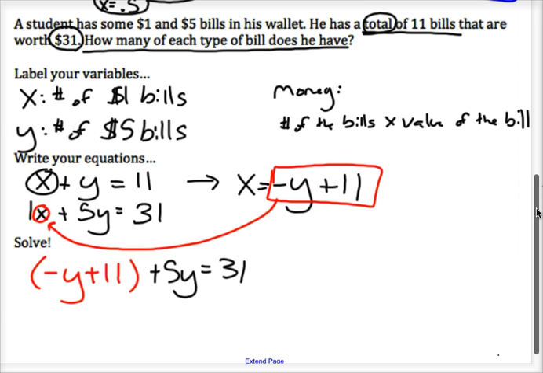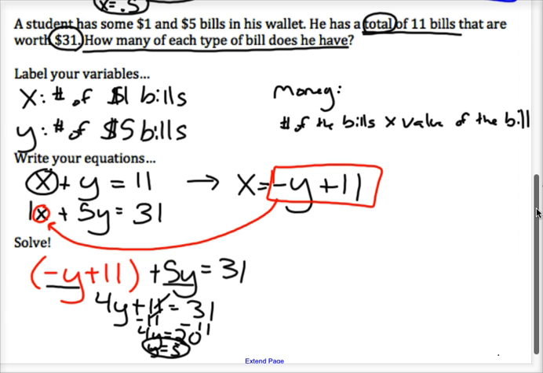Now here, there's nothing to distribute, so I can just start combining my like terms. Negative y plus 5y is going to give me 4y. I can subtract 11 from both sides. 4y equals 20. Now finally, I need to divide by 4, and that's going to give me y equals 5.